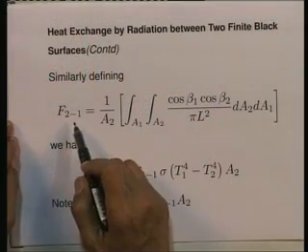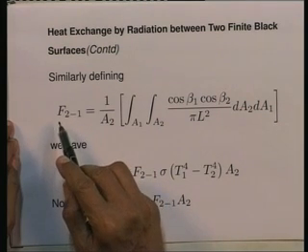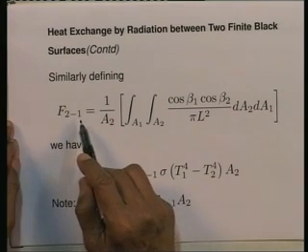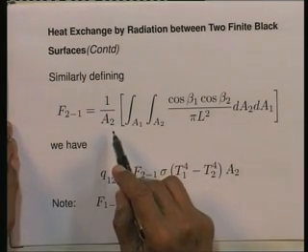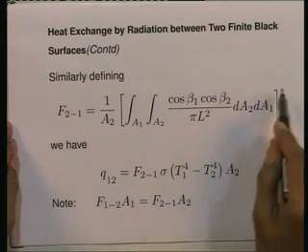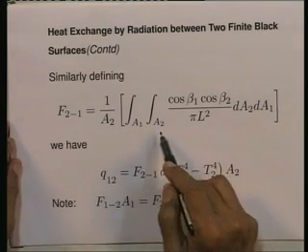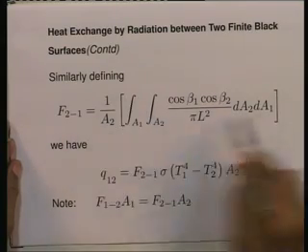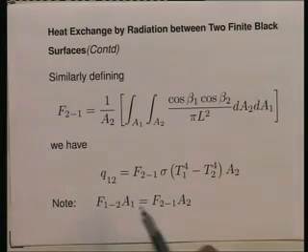All right. So, we could also define a reverse shape factor, a shape factor in the reverse direction, that is from surface 2 to surface 1. I could say F 2 to 1, in exactly the same fashion. F 2 to 1, the shape factor of 2 with respect to 1, is equal to 1 upon A 2, the integral over A 1, the integral over A 2 of cosine beta 1 cosine beta 2 upon pi L square dA 2 dA 1, the same quantity within the square bracket that we had earlier.